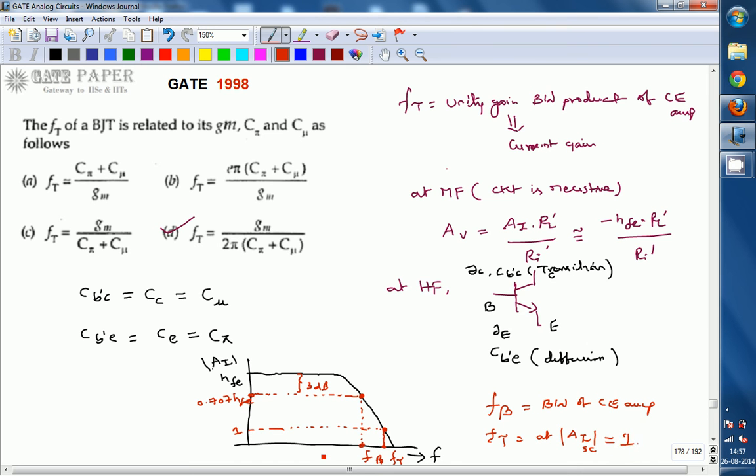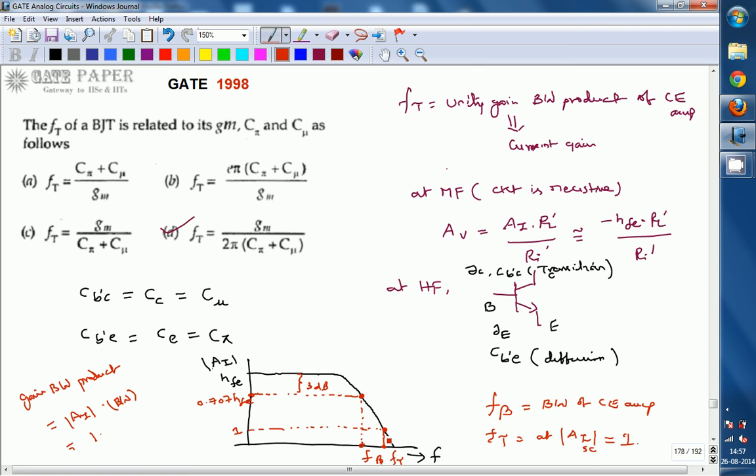So if you are going with the gain bandwidth product with respect to this frequency response curve, gain is nothing but AI, and bandwidth is nothing but this one, the product, the multiplication.